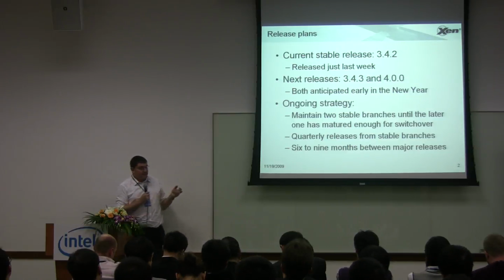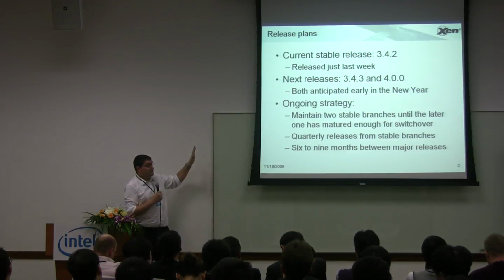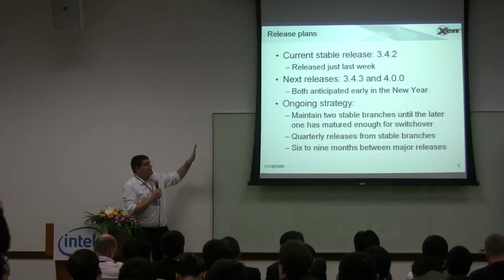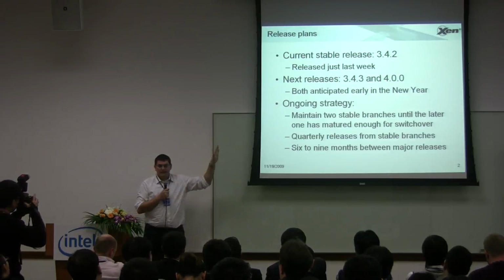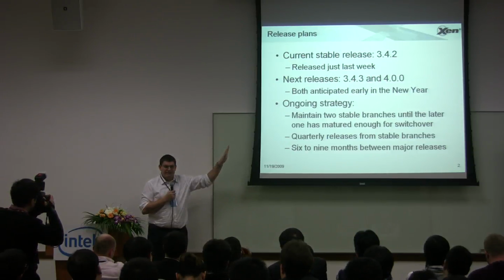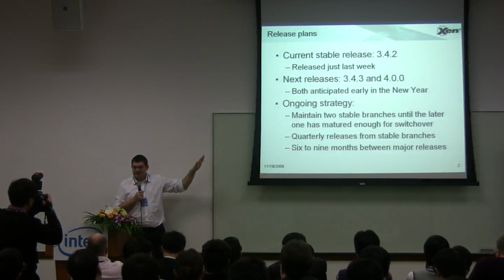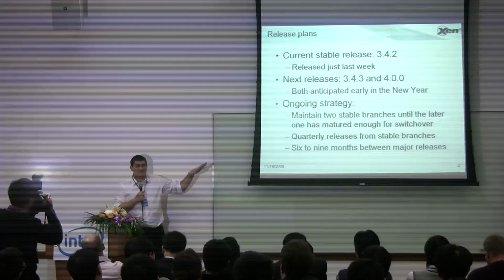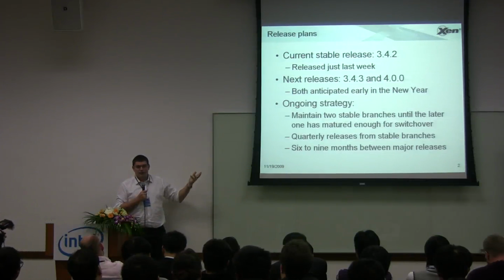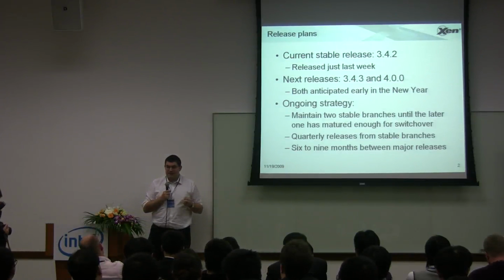So at the moment 3.4 is our current stable tree, and that will be supplanted at some point in the new year when we make the big new Xen 4.0 release. That will be 4.0.0, which I'm currently expecting will start stabilizing in the next few weeks, in the run up to Christmas, and then probably by the end of January we should be able to make the Xen 4.0 release.